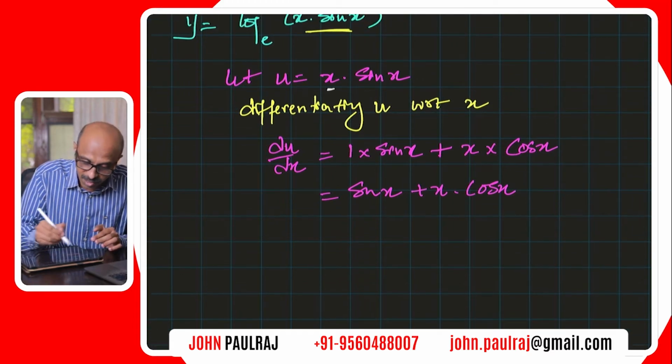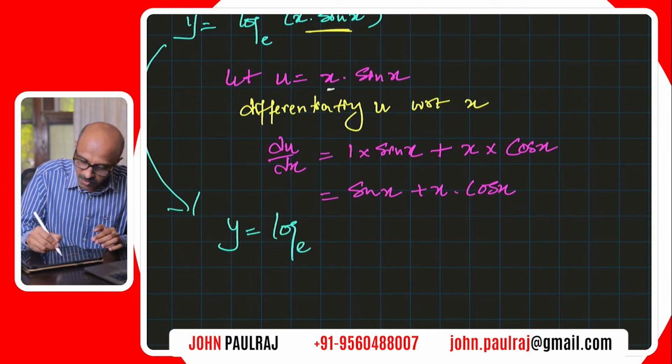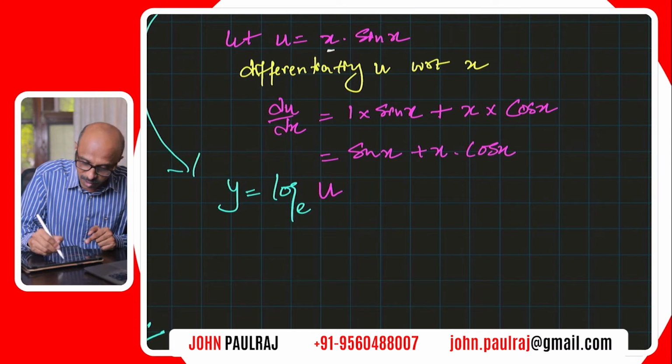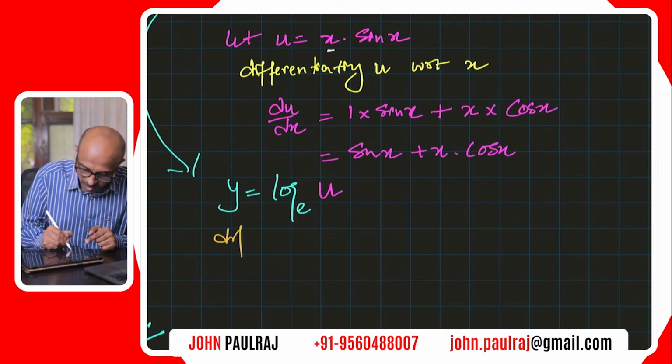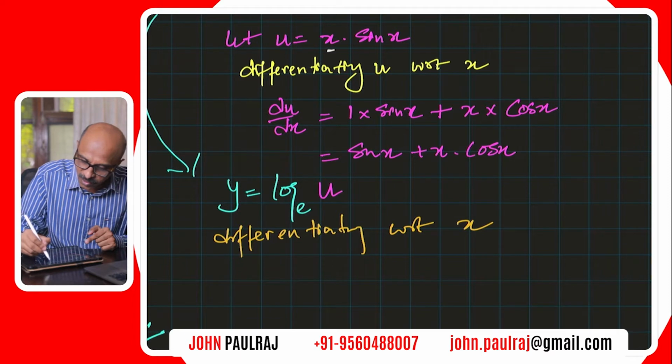Our original function is actually y is equal to log to the base e of that u. We introduced u, right? That was the original function. Now, if you were to just differentiate this with respect to x, on the left-hand side, you'd get dy over dx.